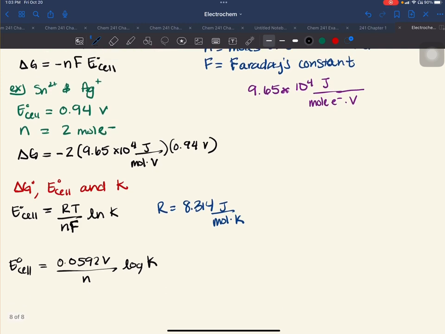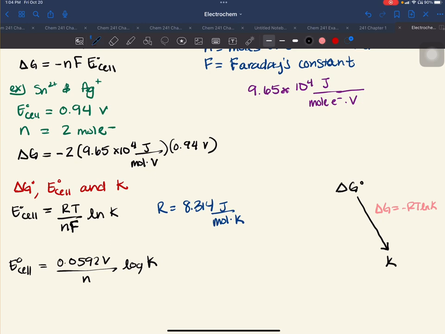So I like to look at this and see how we can connect all three of these values. So if I put delta G at the top here, I can convert between delta G and K by using the equation delta G is equal to negative RT natural log of K, which we learned about when we talked about thermodynamics.